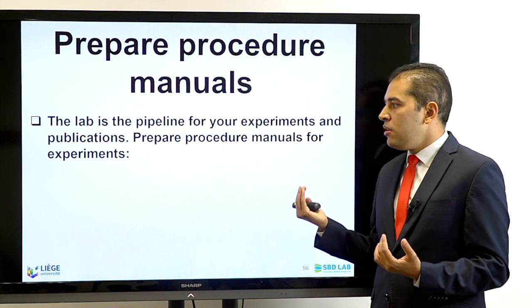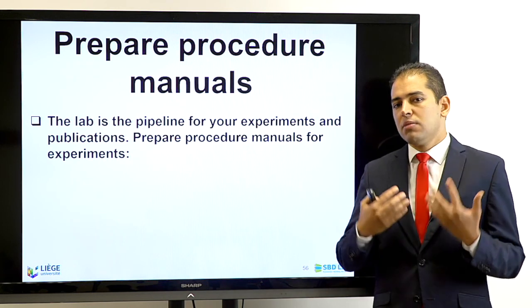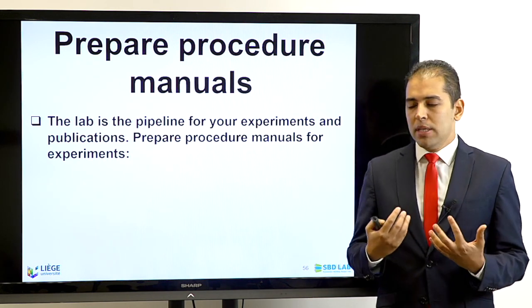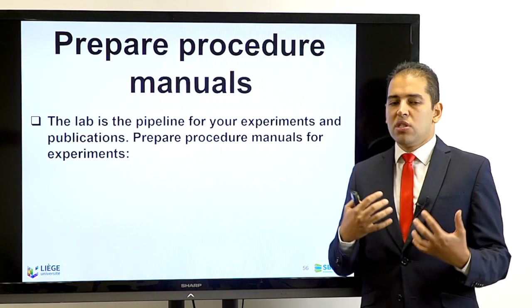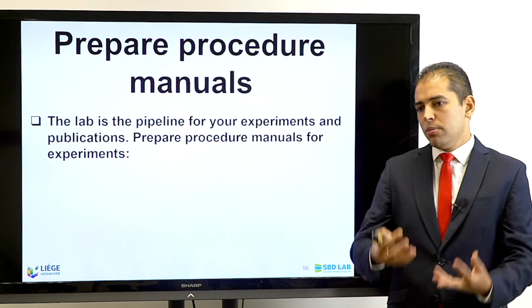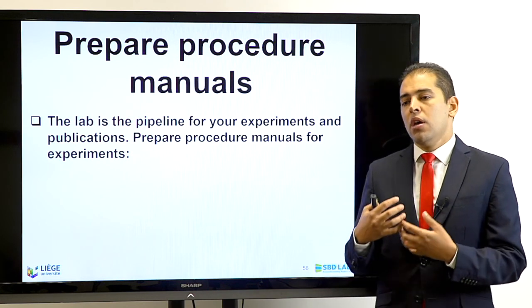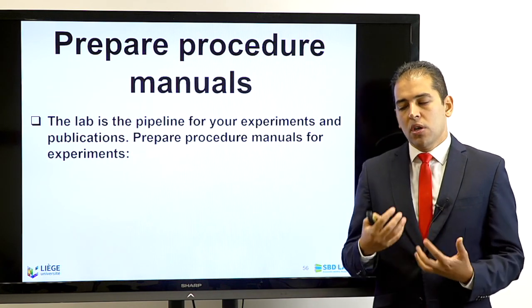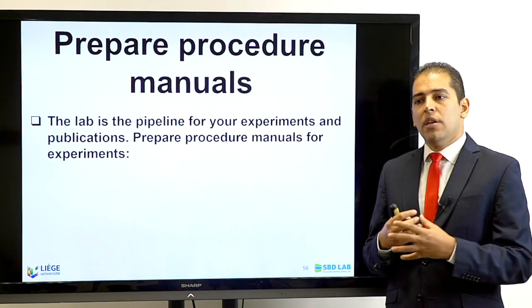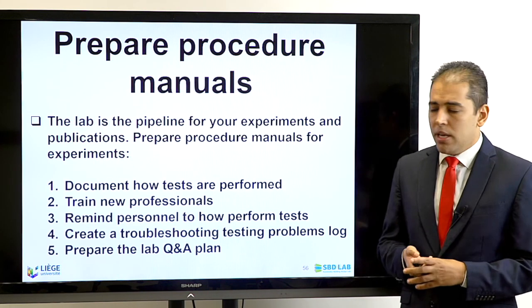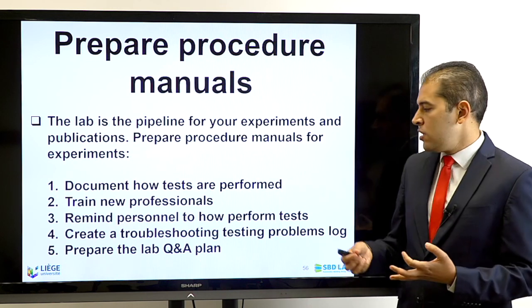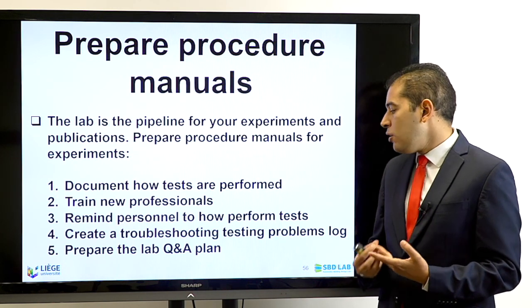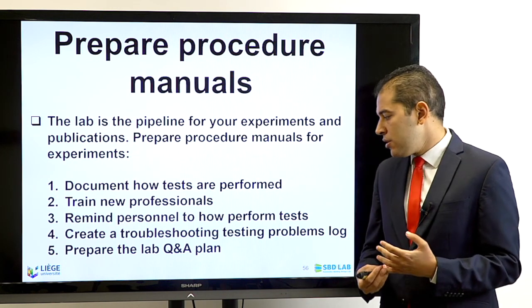Prepare procedure manuals for experiments, so try to make this more automated or semi-automated, so that if you have an intern, if you have a new researcher or a scientist coming in the lab, they have to know about the equipment, learn about it very fast, and easily go through the learning curve in a smooth way, in an open access way.